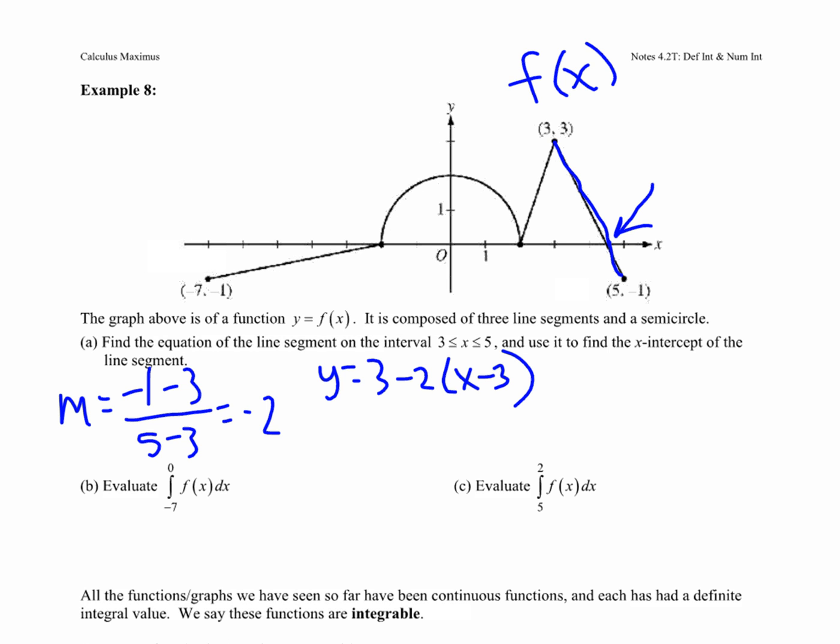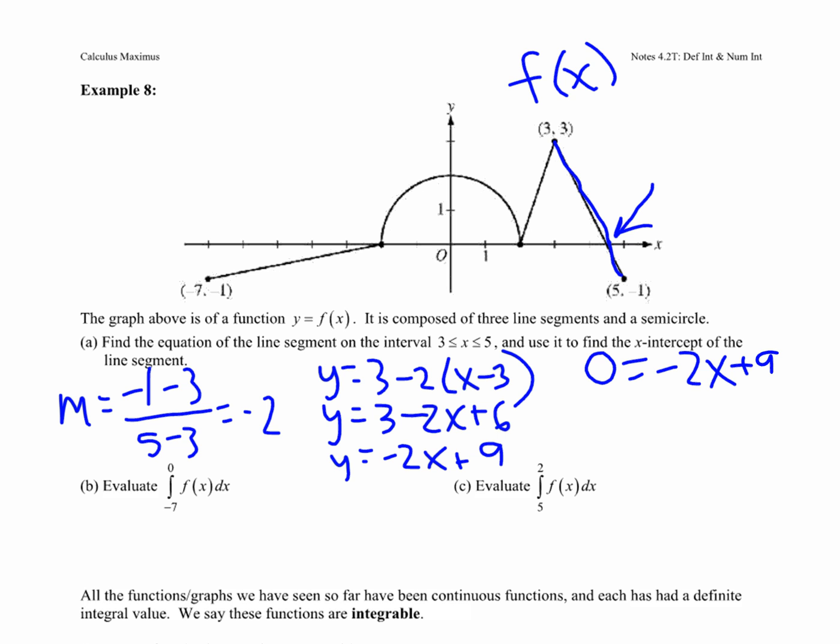Do we simplify it? Sure, why not? I guess we'll put it in slope-intercept form. Might be easier to see. y equals negative 2x plus 9. Find the x-intercept. We let y equal 0. So we get 9 halves is our x-intercept. We're going to be using that because we can now see that this is crossing right there at 4.5 or 9 halves.